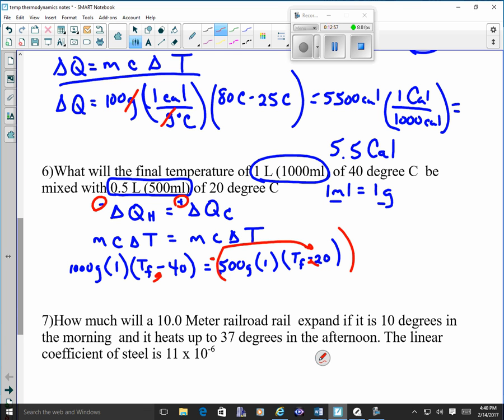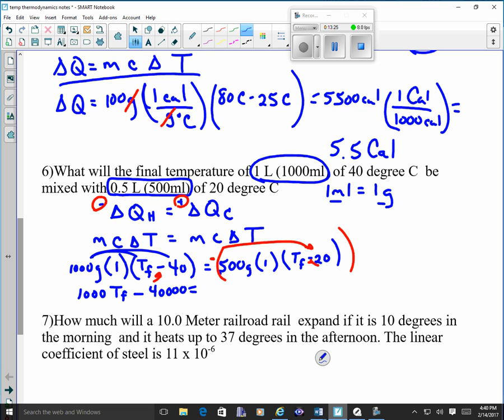If you remember doing the FOIL method, you have to distribute this. So it's going to get a little bit complicated here. Let me see what I can do. I'm going to take 1,000 times the first term, which would be 1,000 TF, minus 1,000 times the second term. That gives you 40,000. This is a little bit difficult math that you haven't used for a while.